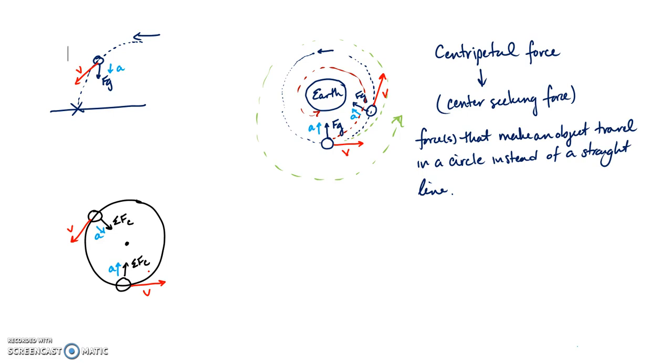So again, the key idea is centripetal means center seeking. So if we talk about centripetal acceleration, it is the acceleration that points to the center of the circle. If we talk about centripetal force, then we are talking about the force that's pointing in towards the center of the circle. And velocity is always tangent to the circle.